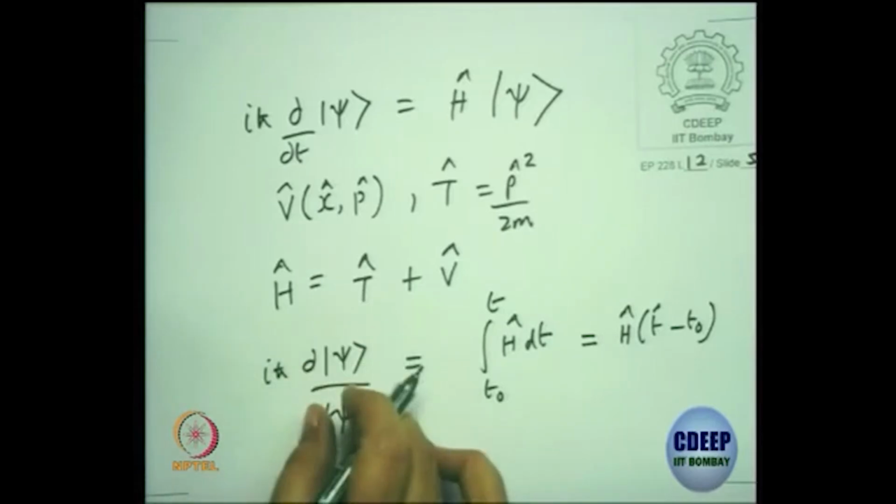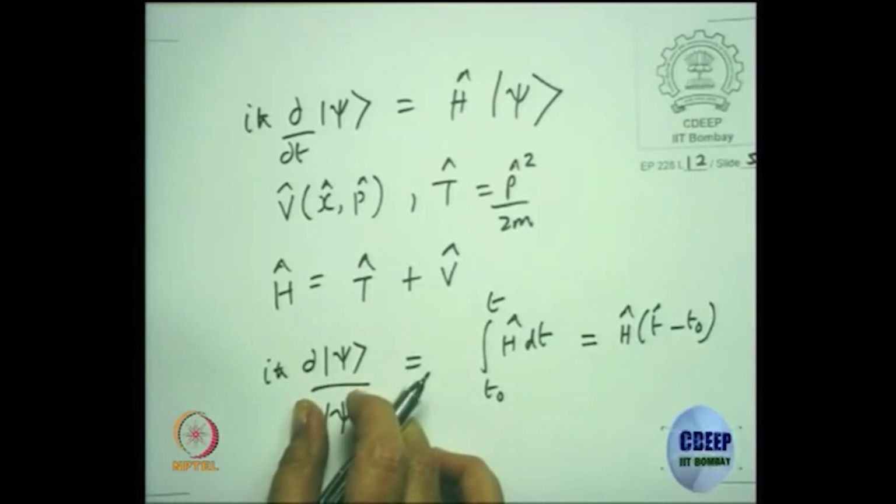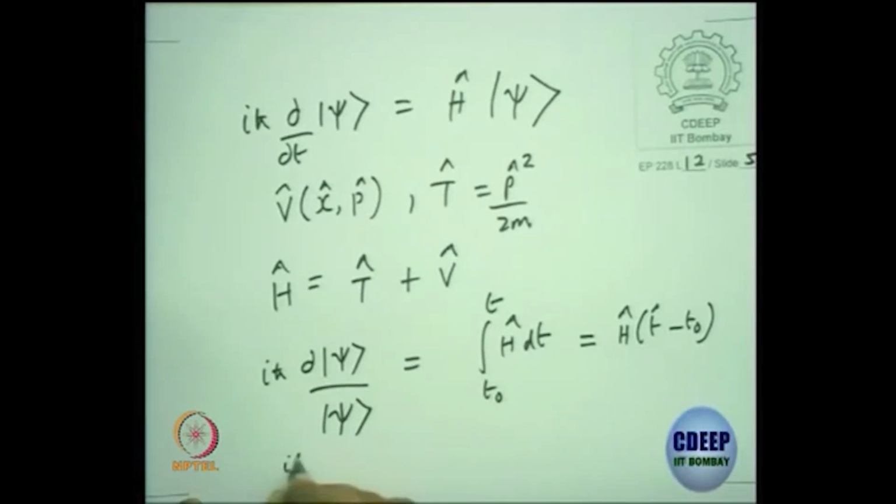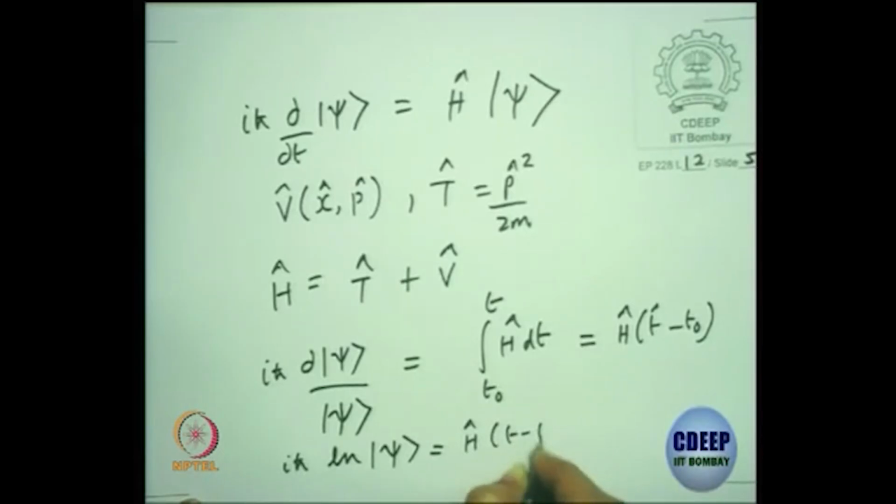What is this? Left hand side is log function of psi. So, i h cross log psi is H hat (t minus t naught).